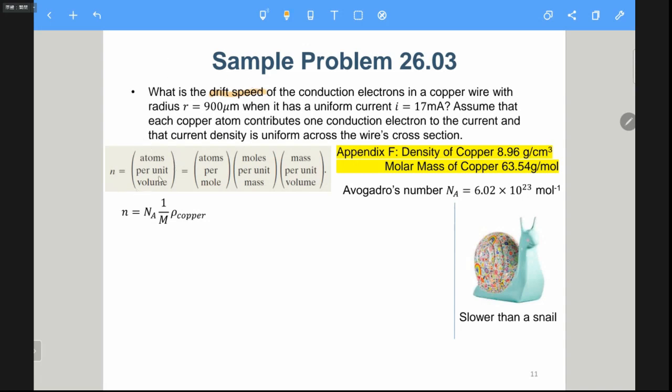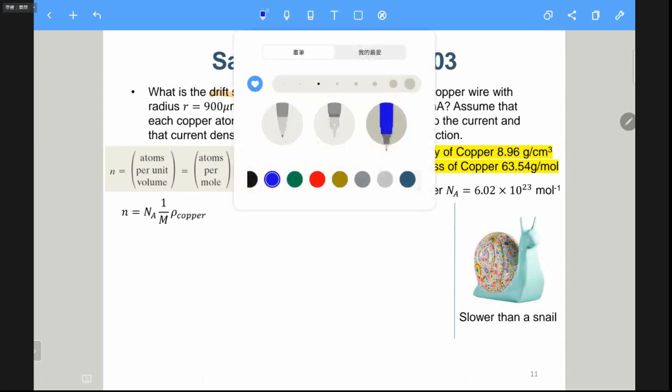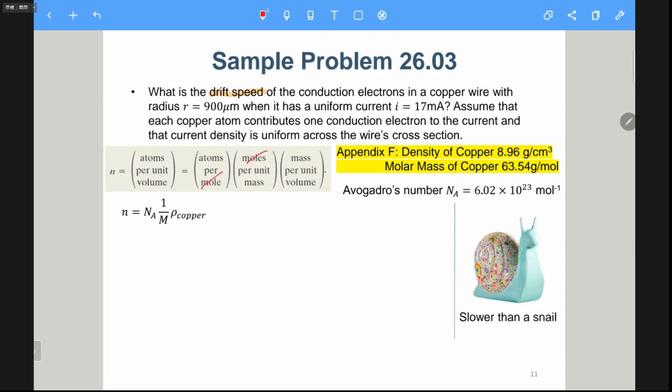So n is the atoms per unit volume, which is the carrier density. It can be separated as atoms per mole, and then moles per mass, and then mass per volume. In this sense, you can see the cancellation: mole and mole cancel, mass and mass cancel, so it turns out to be atoms per volume. And why do we need this?